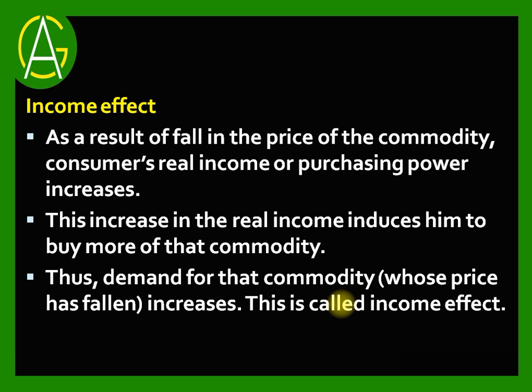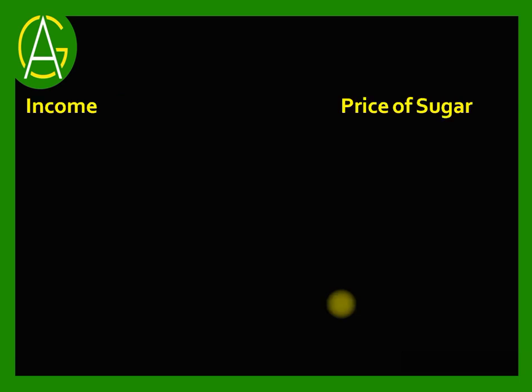The product whose price has fallen will induce more customers and the demand for that product will increase. Let's understand by one example. Now the price of sugar is 50 rupees and the income of the person is 100.